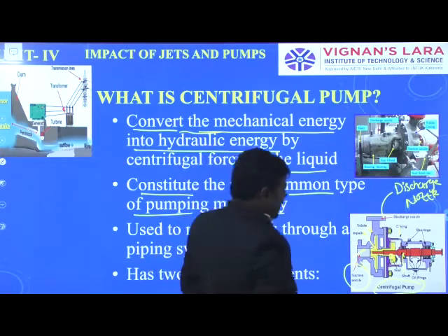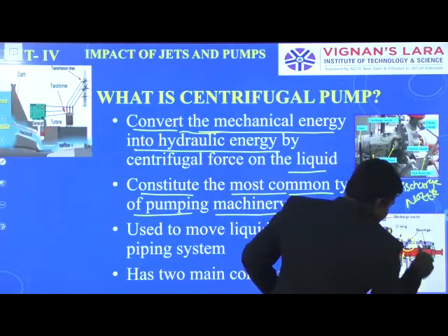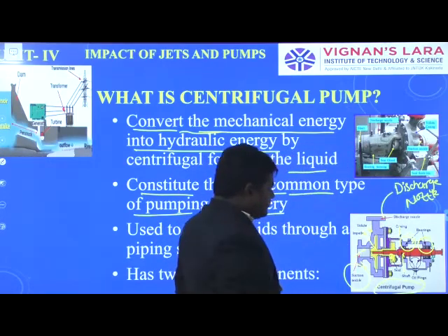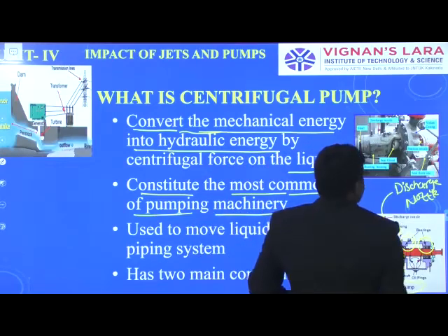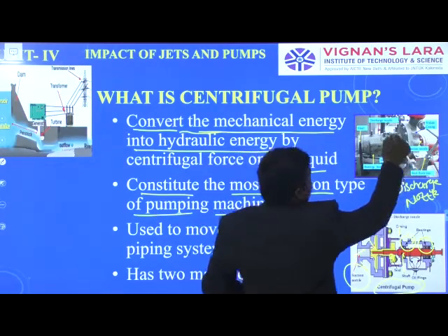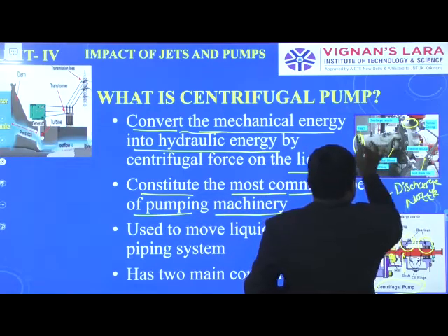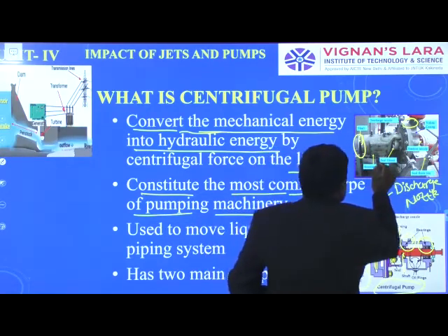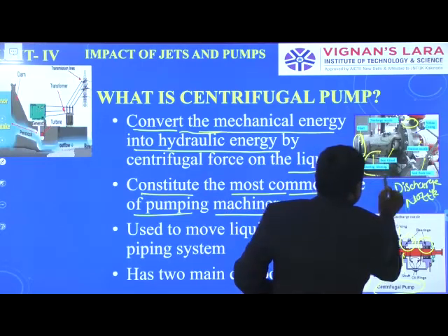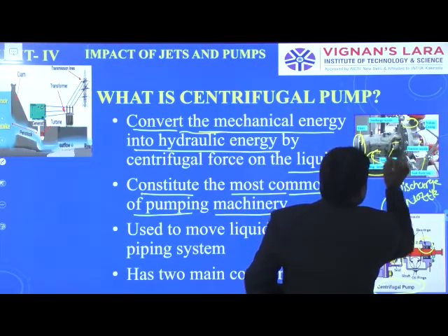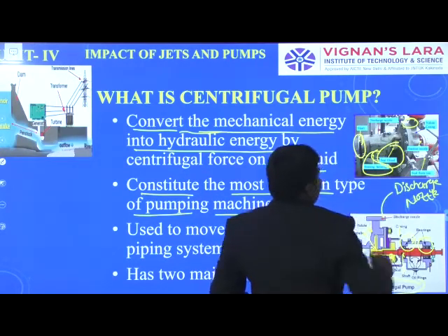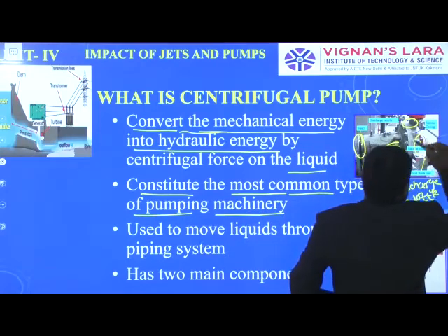Coming to this one, this is the bearing. This is the discharge nozzle, and this one is the shaft and the bearing housing, and the seal gland. This is the suction nozzle and seal flush line.